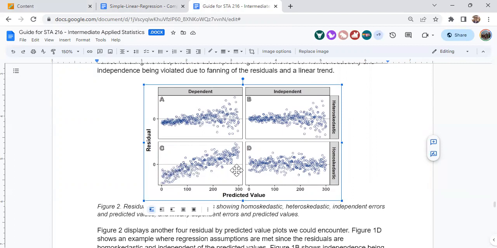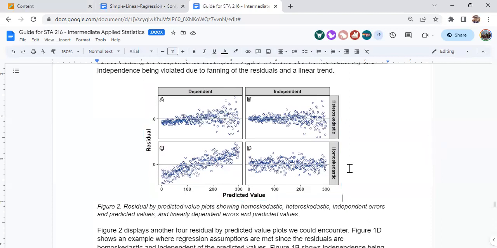And if your predicted value is big, the model's consistently underestimating. These should be independent of each other, the residual and predicted value, and that's violated here because you could draw a straight line relationship here. They're predictive of each other.